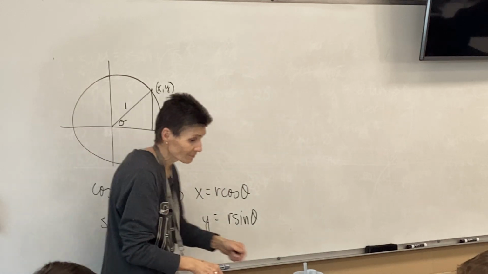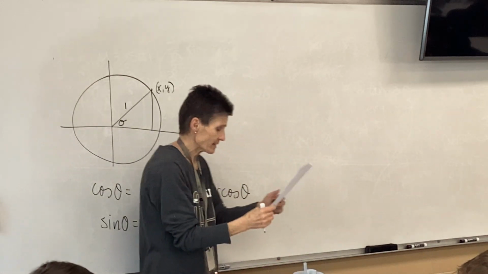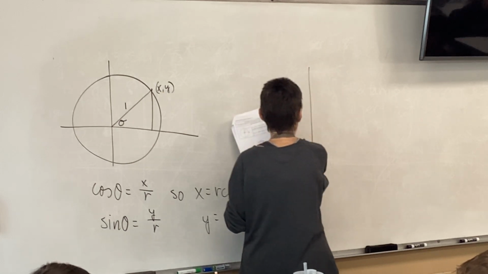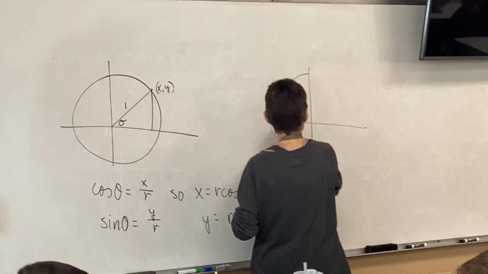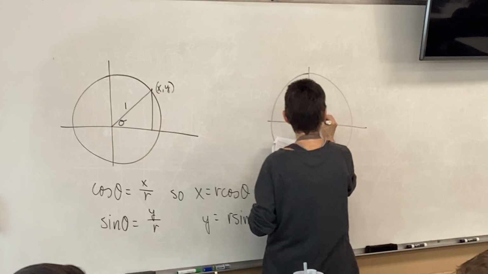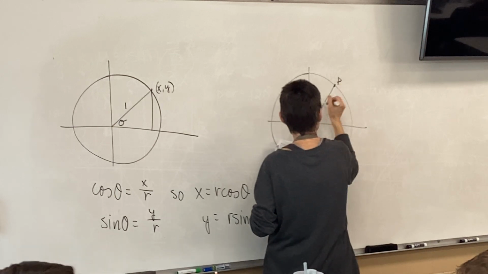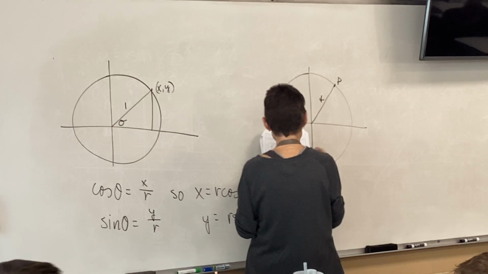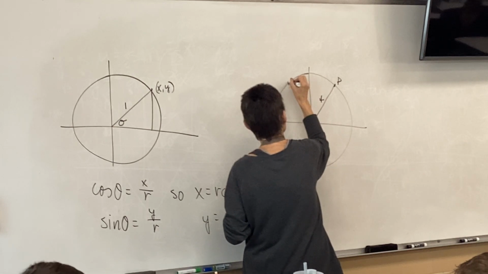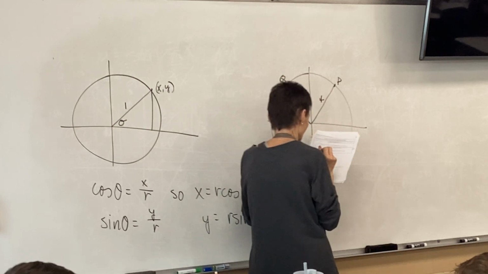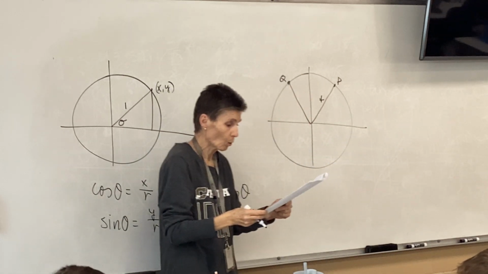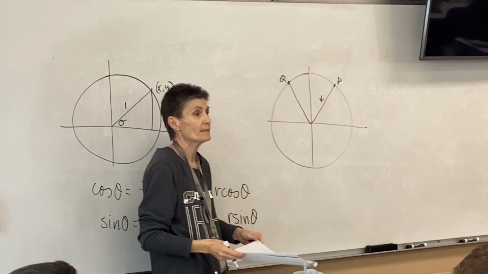Okay, so let's take a look at example 1. He's got a circle with a radius of 4. Here's point P, radius 4, and Q. Which of the following gives the coordinates of point Q?